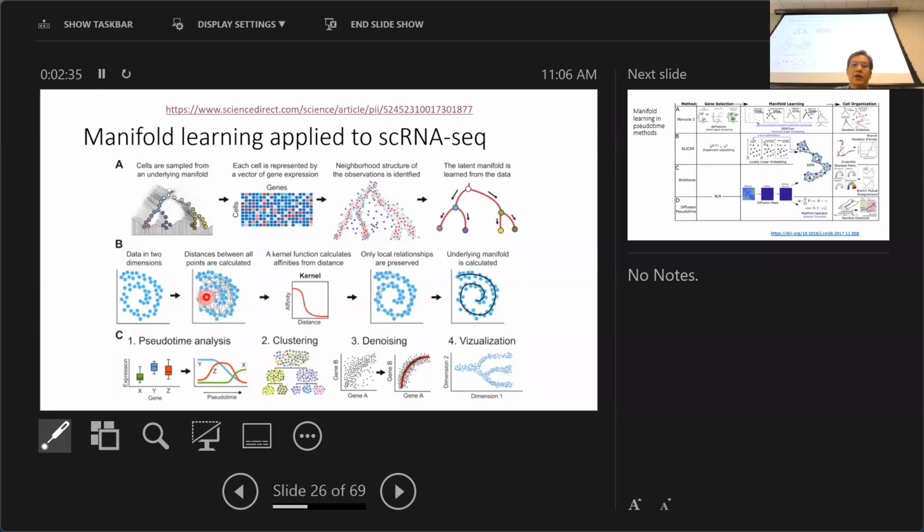Then, to keep those distances which are close enough to each other, they apply this kernel transformation. If the distance is too far, then your affinity will be lower, right? If you have a low affinity, those links will be removed. If your distance is close enough, then you have a high affinity, and those links will be kept.